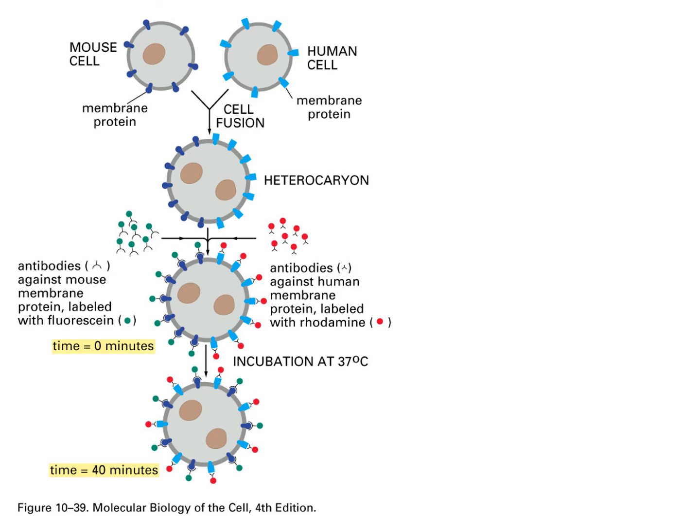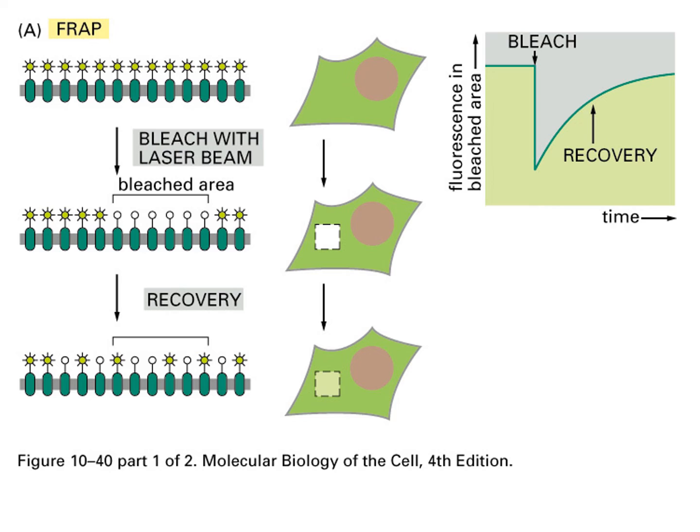They have different membrane proteins that you label with different antibodies, and you notice first labeling, there's the red side and green side, and then over time, 40 minutes, they become both red and green.